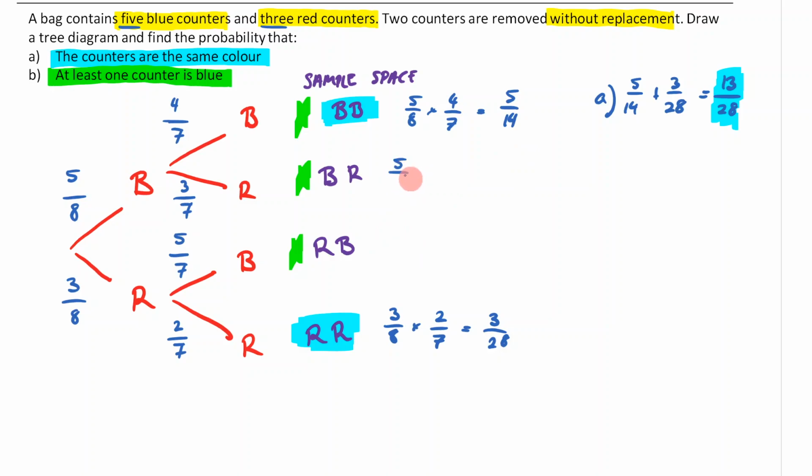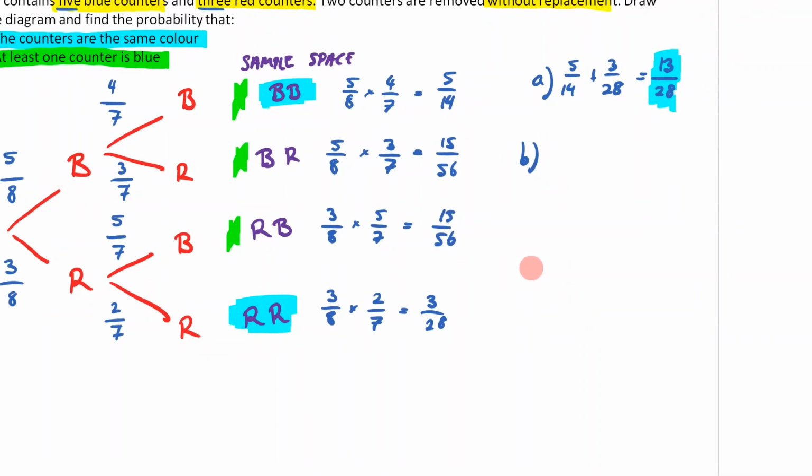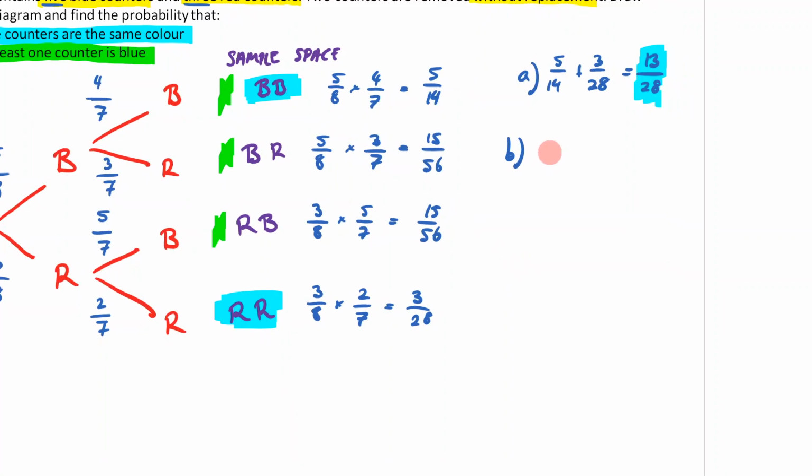So we can go 5 on 8 times 3 on 7 is equal to 15 on 56. And this will be 3 on 8 times 5 on 7, which is going to be 15 on 56 as well. So now I'm entering B here. And what I could do is just add up these, because all of these have at least 1 blue.